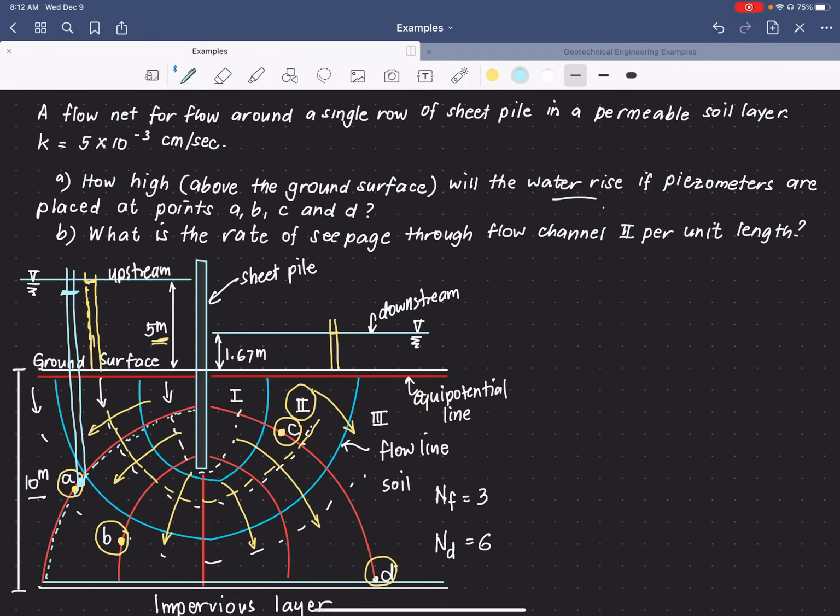So to do that, we should first get the head difference between the upstream and the downstream side.